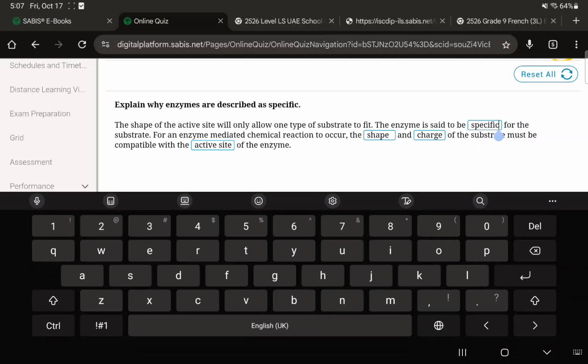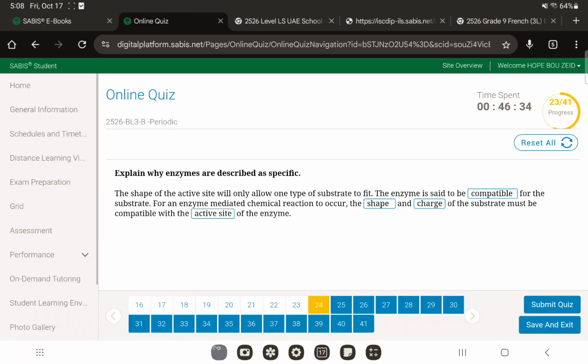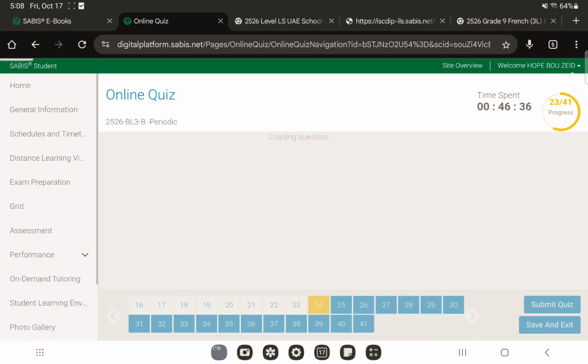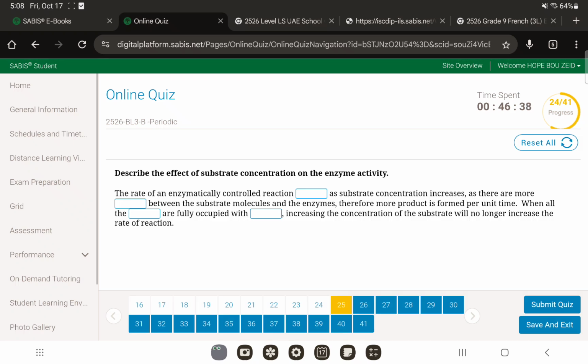Now I think it's supposed to be compatible and not specific, but it has the same meaning honestly, which is really annoying because I might get it wrong because I used compatible instead of specific, but anyway, not the point.